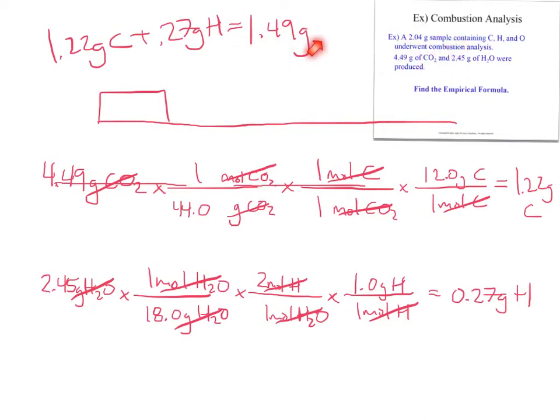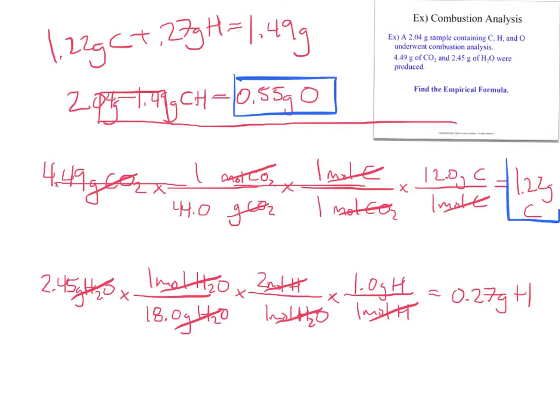So if 1.49 grams of it was carbon and hydrogen, what makes up the rest of it? Oxygen. So if we have a 2.04 gram sample and 1.49 grams of it was carbon and hydrogen, that means the oxygen weighed in at 0.55 grams. So there we go. We have the mass of oxygen, the mass of carbon, and the mass of hydrogen that make up our CHO unknown organic molecule.